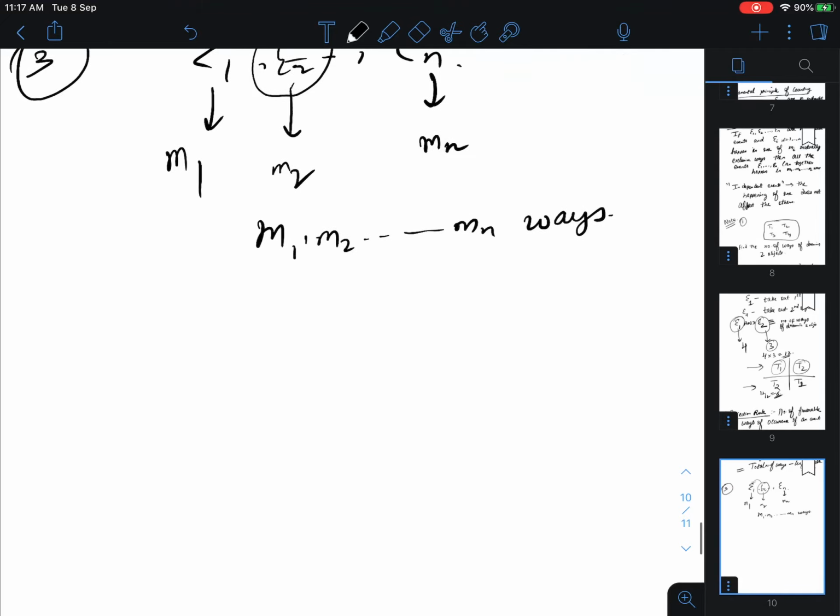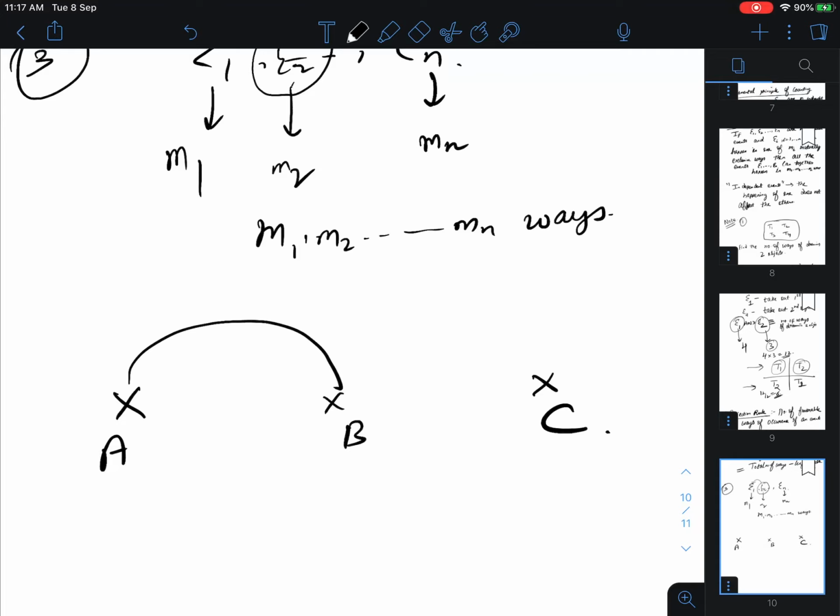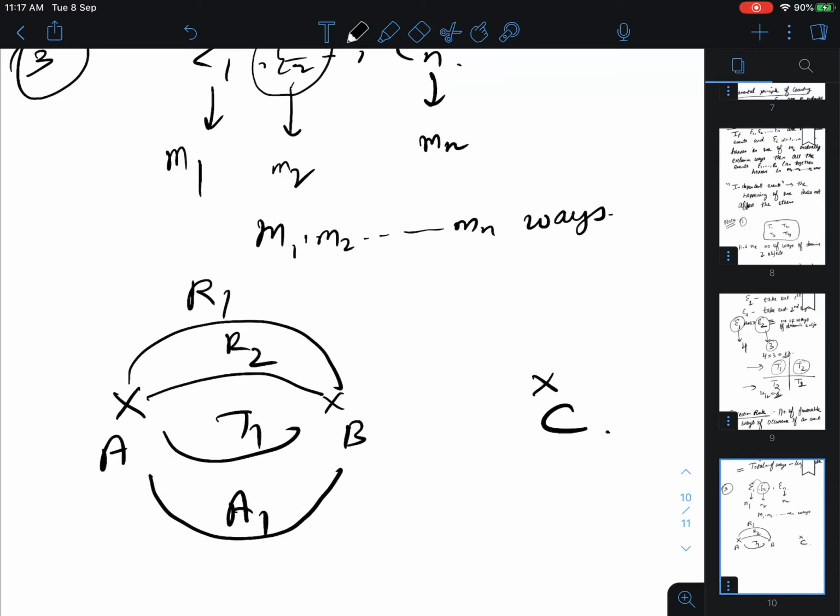Let's take an example. Suppose you have destination A, destination B, and destination C. Suppose from A to B you can go by road 1, road 2, train 1, or plane, which let's say is denoted by A1.